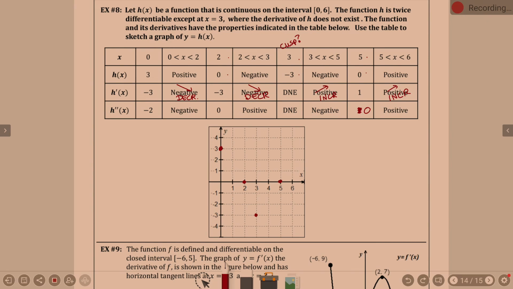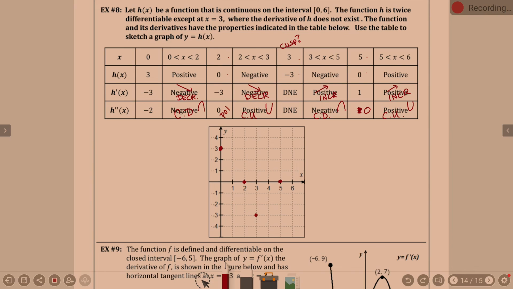What's the second derivative tell me? Concavity. Negative means it's going to be concave down. Positive means it's going to be concave up. Now, in between concavities, positive to negative, this is a 0 here, so this means it is a point of inflection.